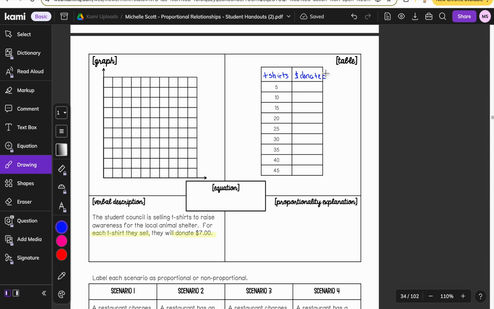So I know there's no spot for it on the table, but in the problem, it's telling us for each t-shirt. So that means for one t-shirt, does that look like a one? They're going to donate $7. So from that information, I can tell what every single X is going to need to be multiplied by to equal my Y.